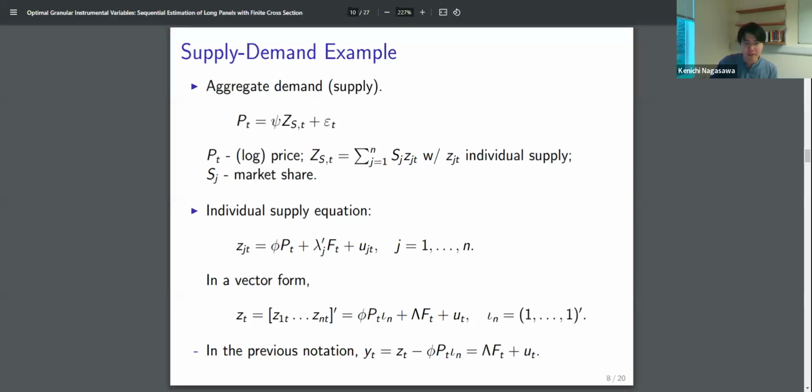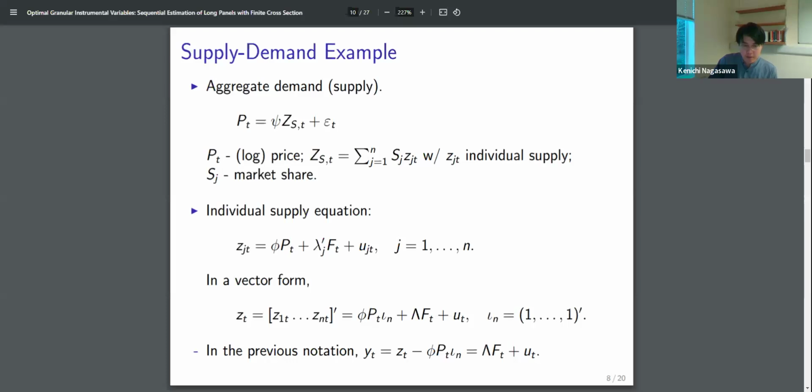And then I have the individual supply equation, or disaggregated equations. For each individual supply, we model it using the interactive fixed effect. But importantly, we have this endogenous variable on the right-hand side, which is price or the log price.